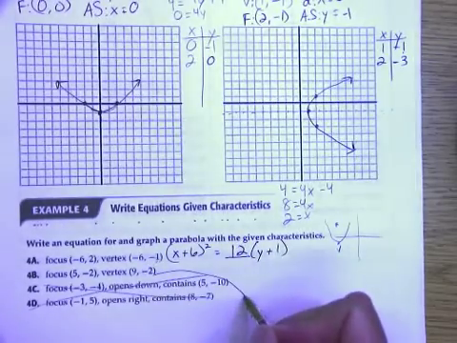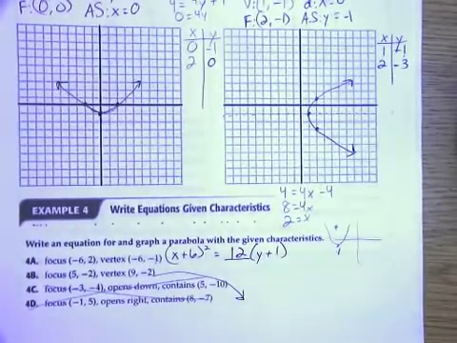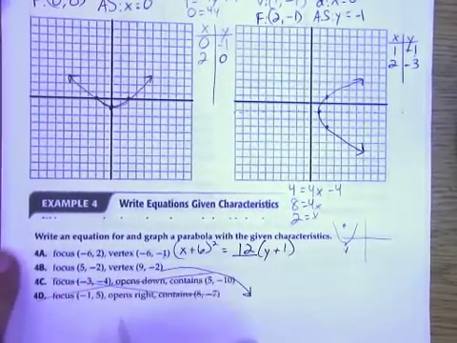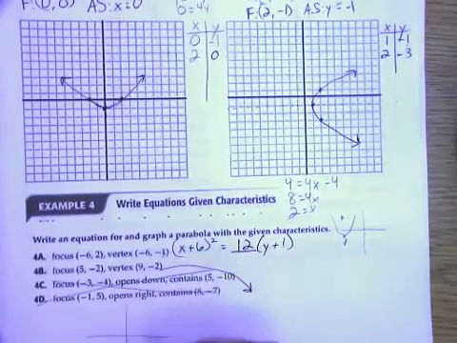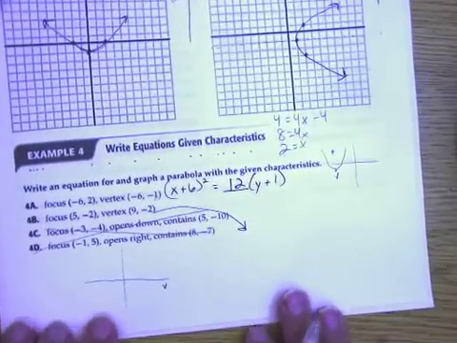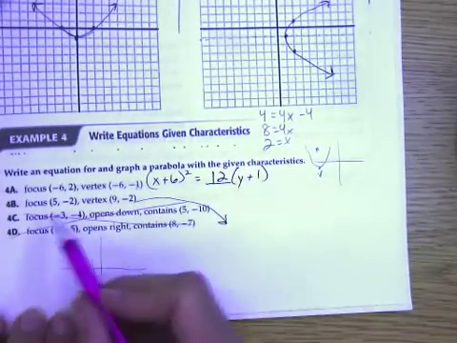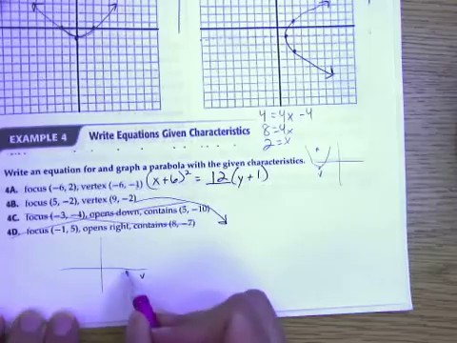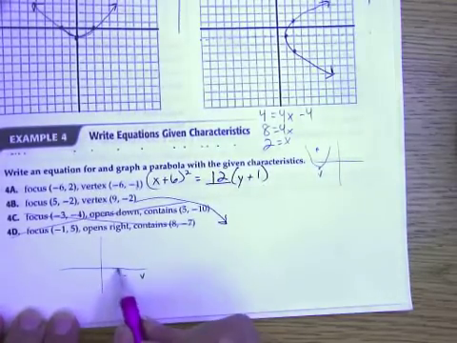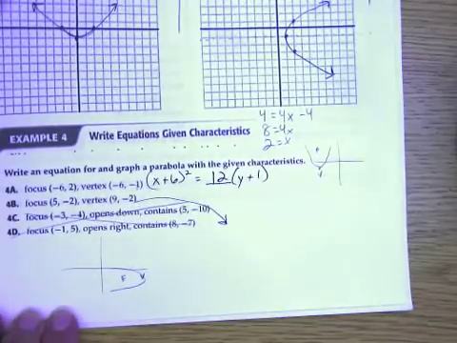For part B, similar idea. Start by sketching it out. My vertex is at 9, negative 2, so that would be here. My focus is at 5, negative 2, which means this graph is going like that.